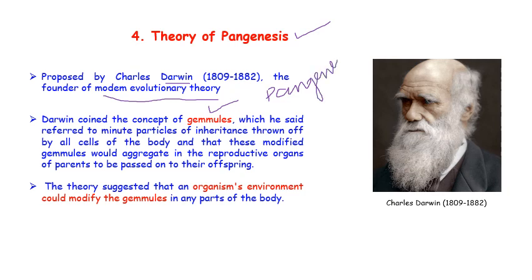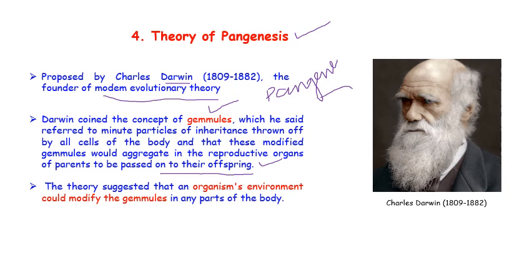He believed that these gemmules or pangenes were minute particles of inheritance thrown up by all cells of the body, and then these gemmules would aggregate in the reproductive organs of parents to be passed on to their offsprings.